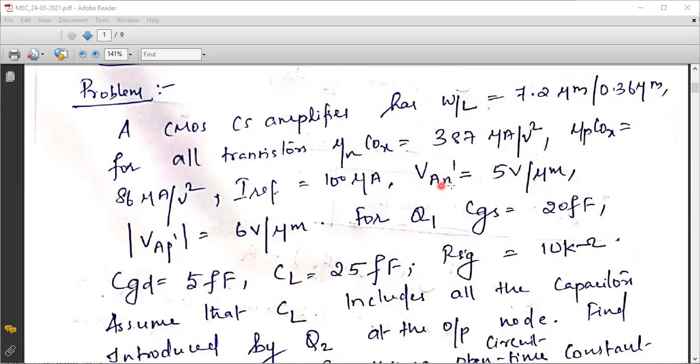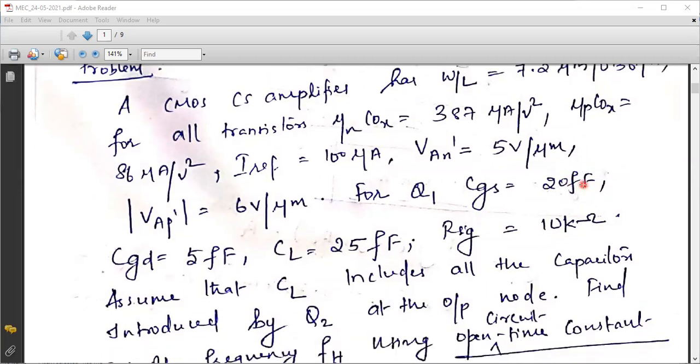VAn dash equal to, N stands for NMOS, VAn dash is equal to 5 volt per micrometer. Modulus of VAp dash, P stands for PMOS, is 6 volt per micrometer. For Q1, CGS is equal to 20 femtofarad.